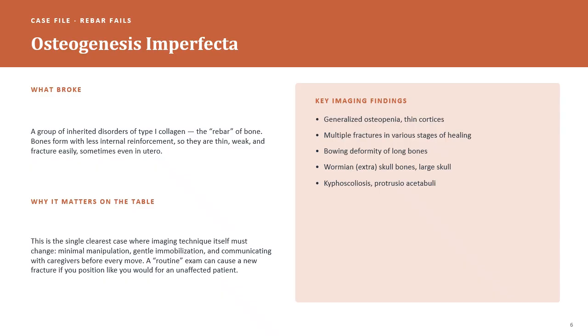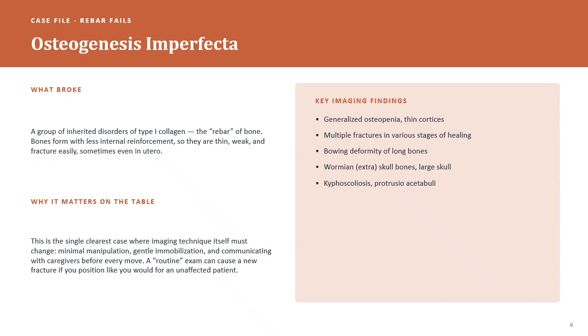The next condition is osteogenesis imperfecta, and this is probably our clearest example of what we consider that rebar failure. The underlying problem with this condition involves type 1 collagen, which produces the internal support for our bones. When that collagen is abnormal, the bones are less able to withstand the normal stress we put on our bodies daily.